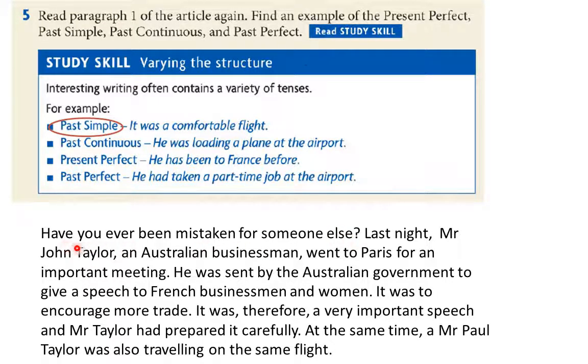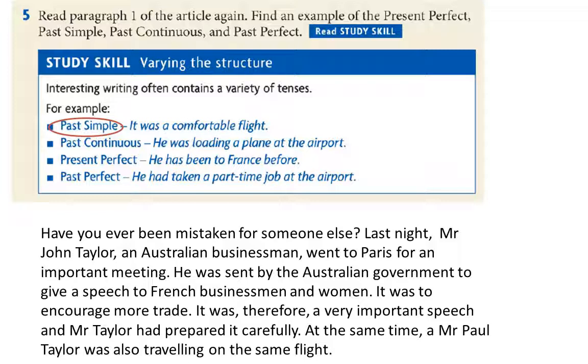Have, because it is a question, so the sentence starts with the verb. When there is have plus the past participle of the verb, it means present perfect.